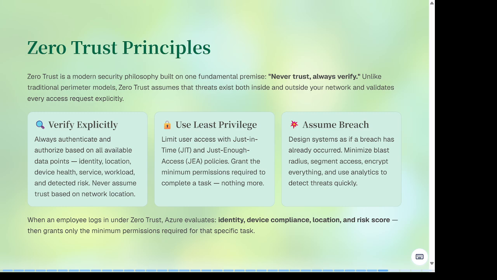But in modern cloud environments, the assumption is no longer safe. Zero trust assumes that threats can exist outside the network. Threats can also exist inside the network. Therefore, every access request must be verified.